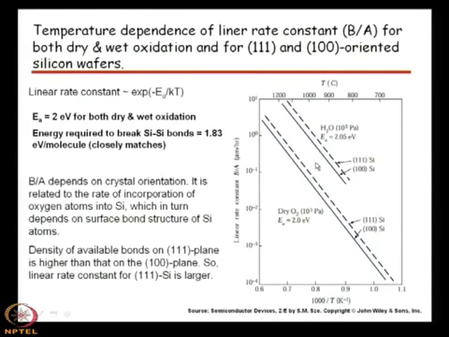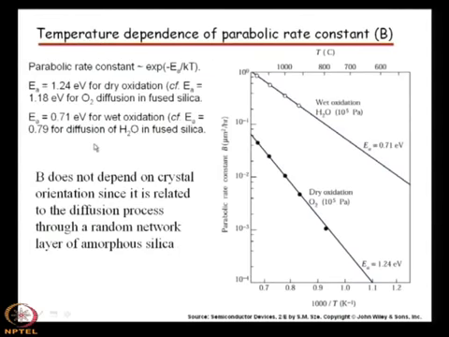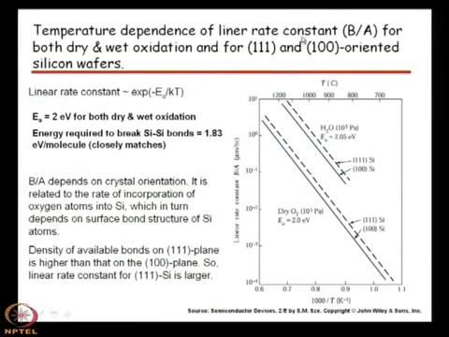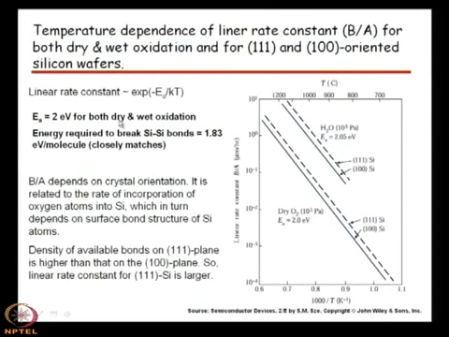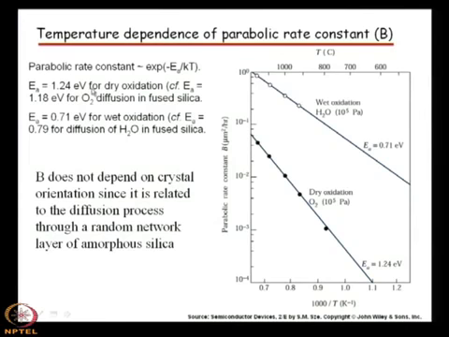The second important difference is that the activation energy for the parabolic rate constant is different for wet oxidation and dry oxidation. However, the linear rate constant for wet oxidation and dry oxidation is the same, almost 2 electron volt, and the activation energy for the linear rate constant is higher than that of the parabolic one. For the linear rate constant it is 2 electron volt, and here it is 1.24 electron volt and 0.71 electron volt.